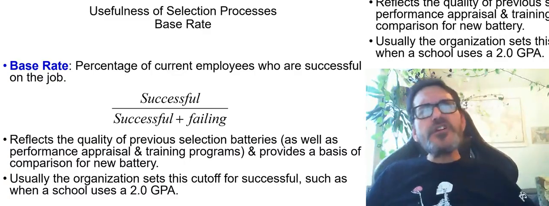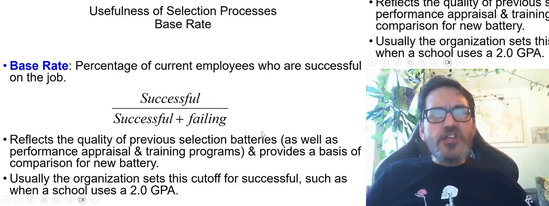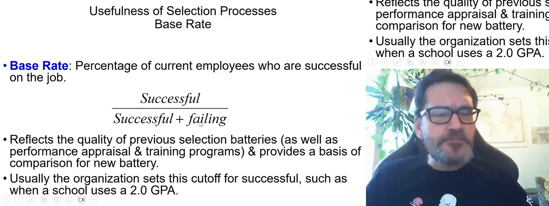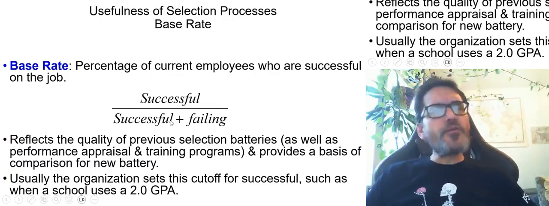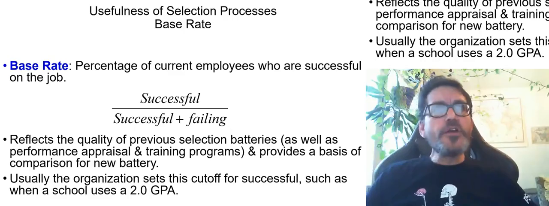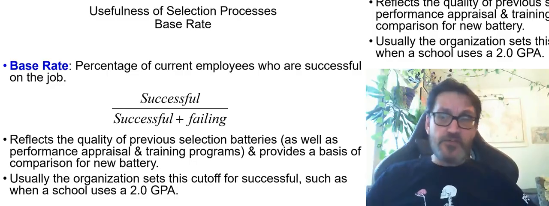And so what you're going to do is create a base rate of successful employees divided by total number of employees, because successful plus failing is just another way of saying all employees, okay? And so you're simply going to create a ratio here, or more specifically a percent, and then you're going to use that in determining what your new selection battery does.